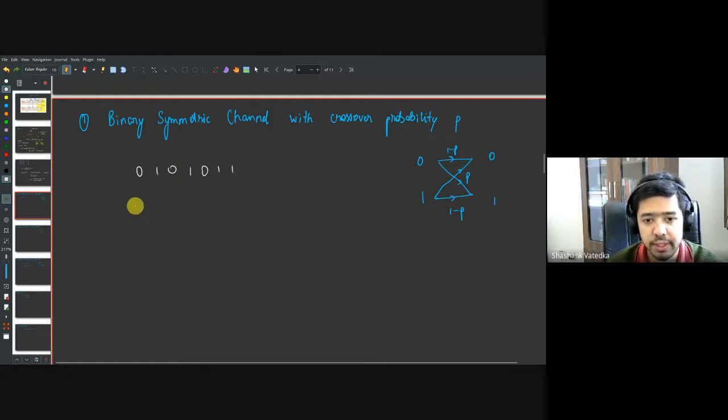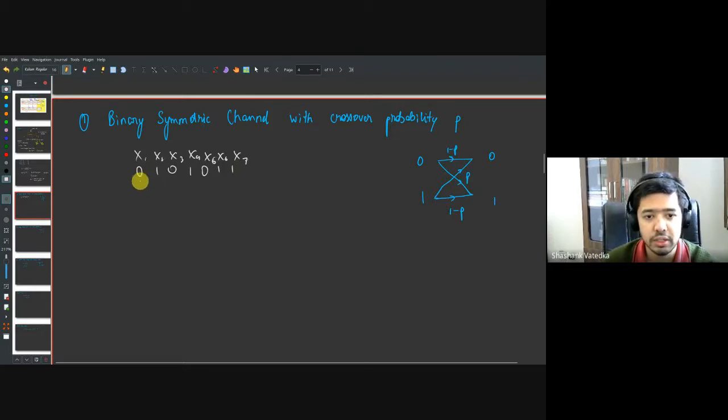How do I obtain all the yi's? Each bit with probability p is flipped, so 0 becomes a 1 and a 1 becomes 0. And with probability 1 minus p, it is kept as it is.